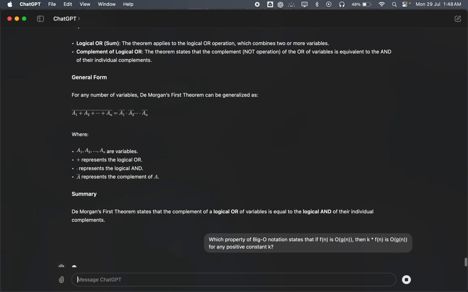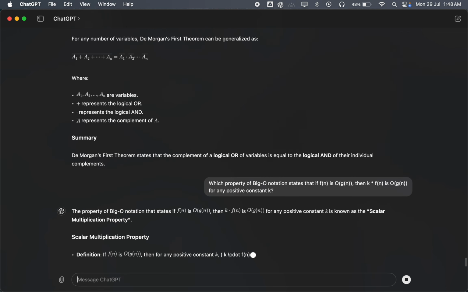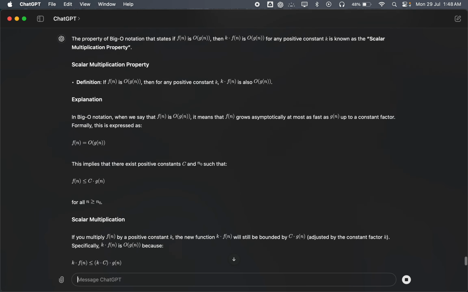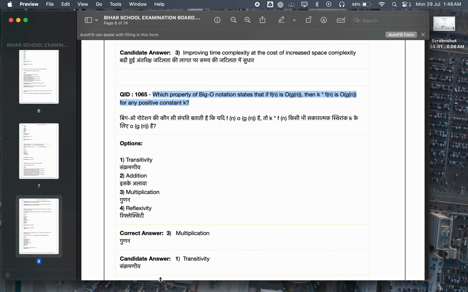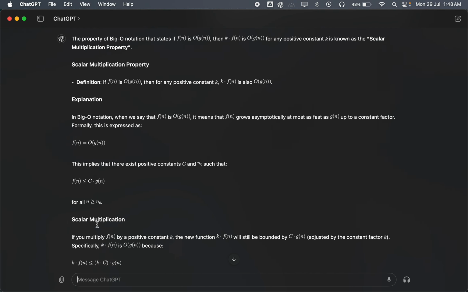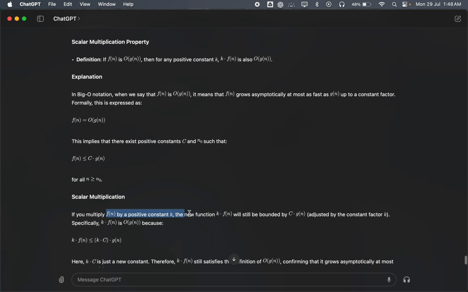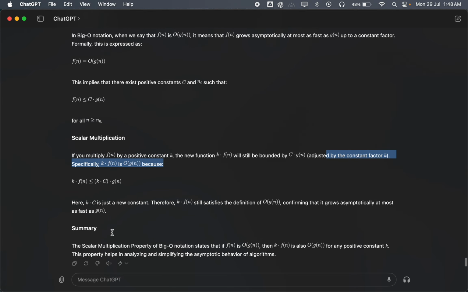It was just a hard guess. The answer they are saying is multiplication. If you multiply f(n) by a positive constant k, the new function k times f(n) will still be bounded by c times g(n), adjusted by the constant factor k. So they are saying k times f(n) is equal to k times c times g(n).